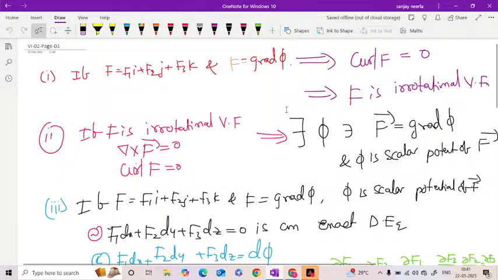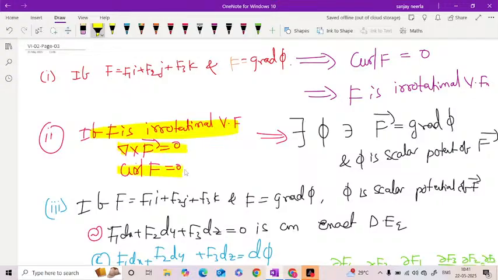So the converse of the statement is: if F is an irrotational vector, or curl F is 0, or del cross F is 0, then definitely there exists a scalar point function phi such that F is equal to gradient phi, and here phi is called the scalar potential of F. So that is the second property.